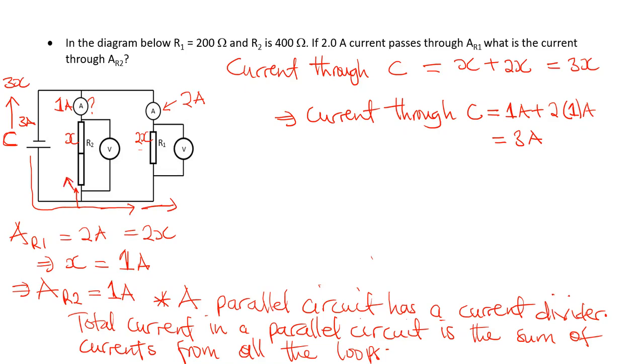But the total, the source here, we have a current of 3 passing through the source, and then when we come through this junction, we divide. 1 amp of current goes through R2, and 2 amps of current go through R1. And we are saying that a parallel circuit has a current divider.